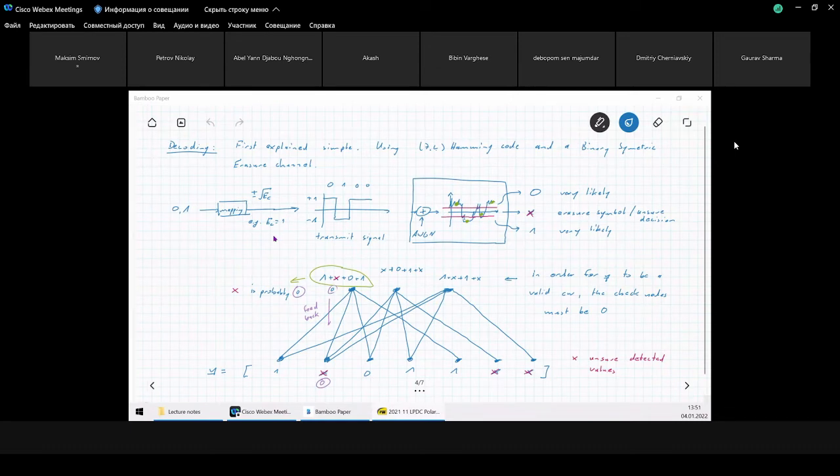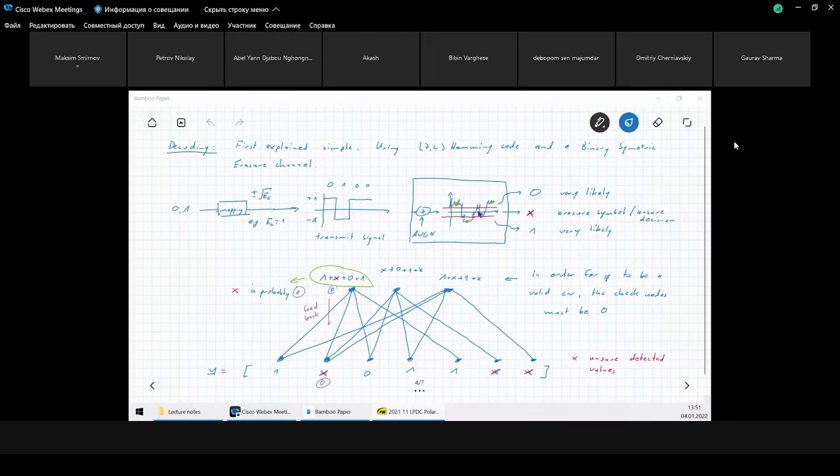The example where we would have a very low log likelihood ratio would be if you look at this one here. If you observe a sample right around 0, then the probability to be a 0 bit would be the same as the probability to be a 1 bit. So we would have 50% probability to be a 0 bit, 50% probability to be a 1 bit, if we are right in the middle. So we cannot really decide.